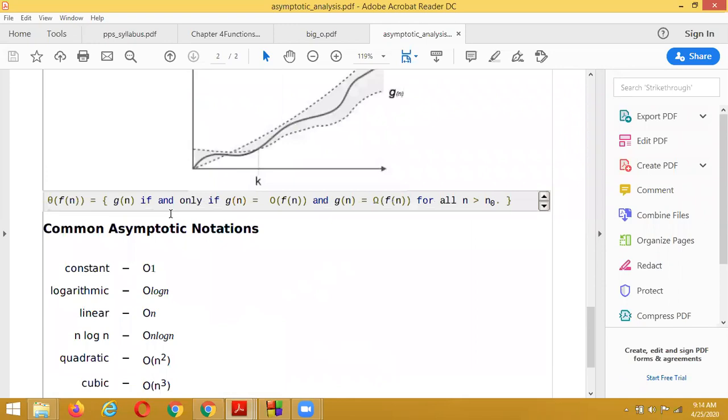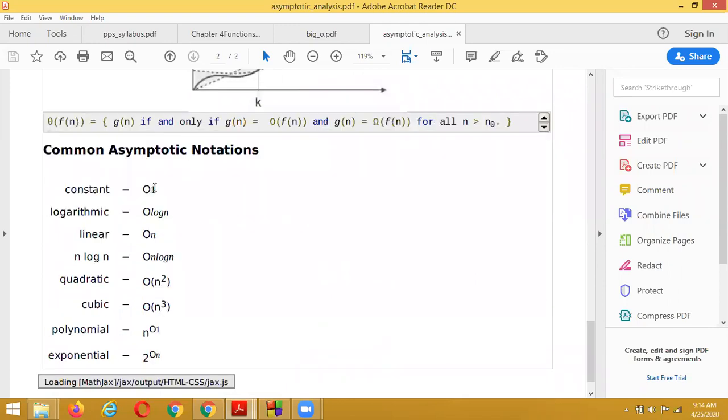Now we are going to see how to indicate one, log n, n, n log n, n square, and n power 3. One we indicate as constant.